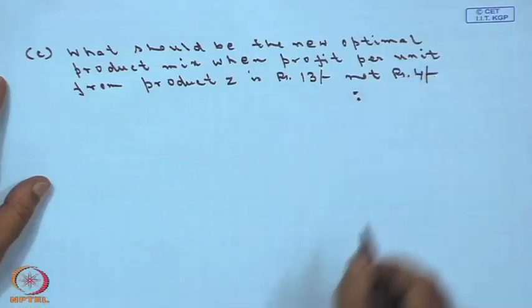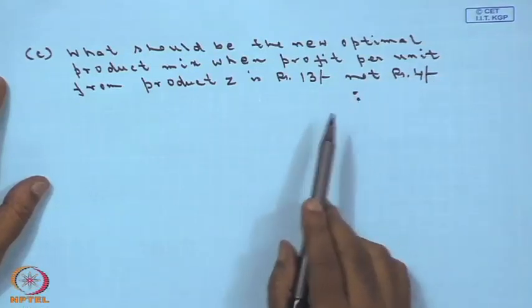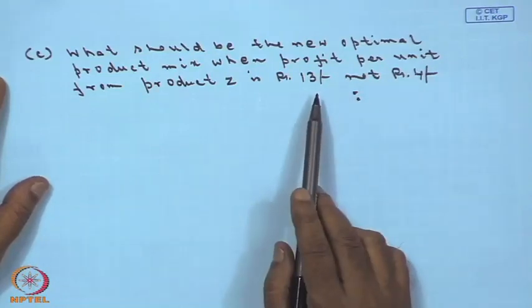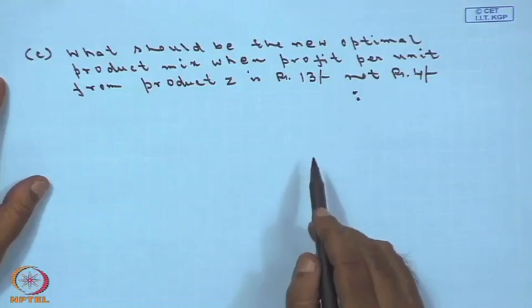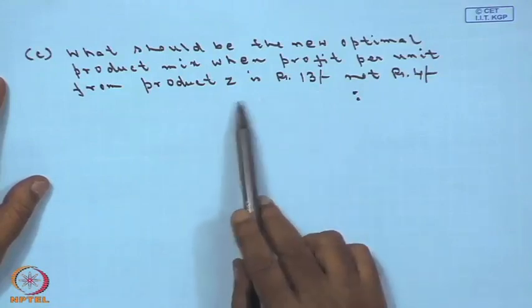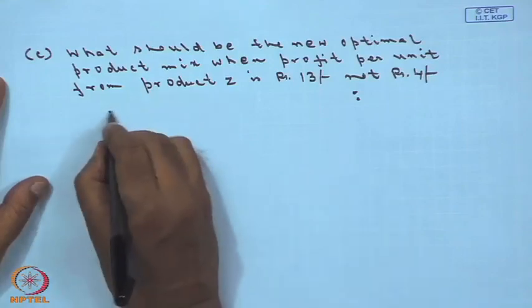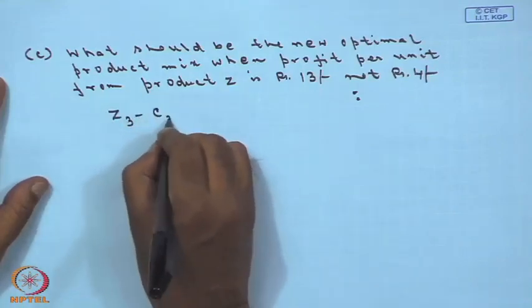In other words, if there is a change in the cost coefficient C 3, and instead of 4 it is 13, what happens? Whenever your C 3 is changing, Z 3 minus C 3 also should change. What is your Z 3 minus C 3? Let us calculate it.